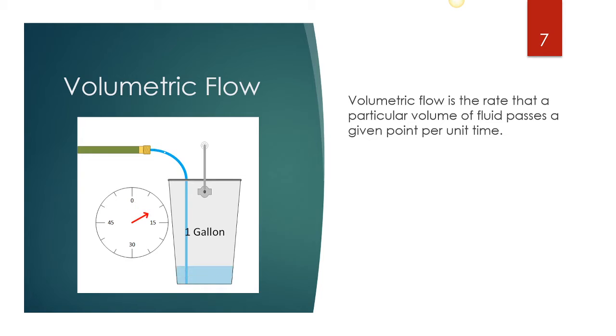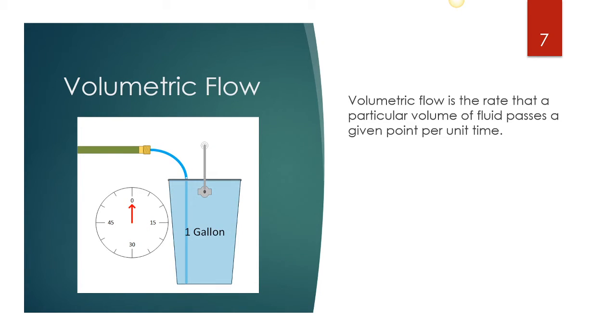So this animation I have showing is if we just had a garden hose that had a certain volume coming out of it and we timed it with our watch. Well, if those are seconds, that would be 60 seconds to fill up the bucket. That would be 1 gallon per minute. And a gallon is a volumetric measurement.